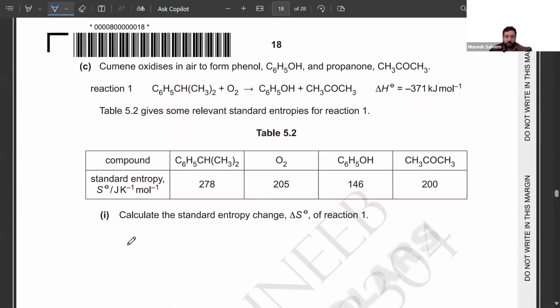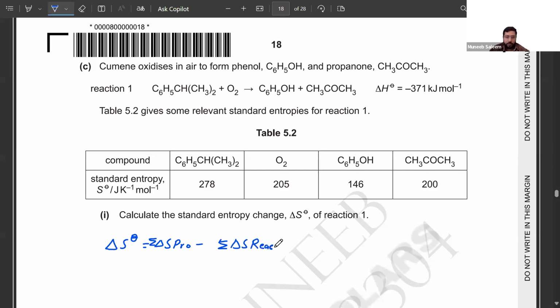Now we need to apply the formula that the standard entropy change is equal to the sum of the standard entropy values of the products minus the sum of the standard entropy values of the reactants.